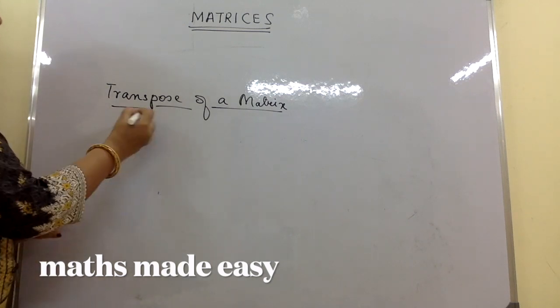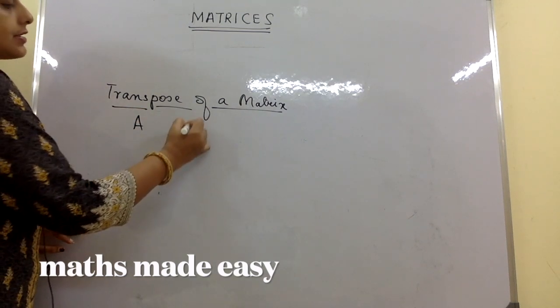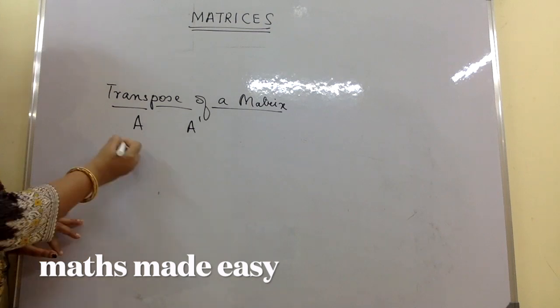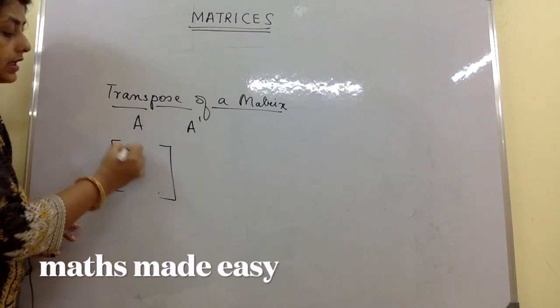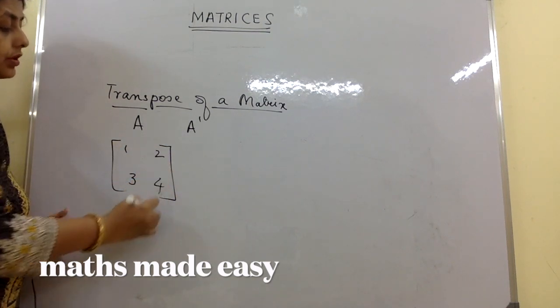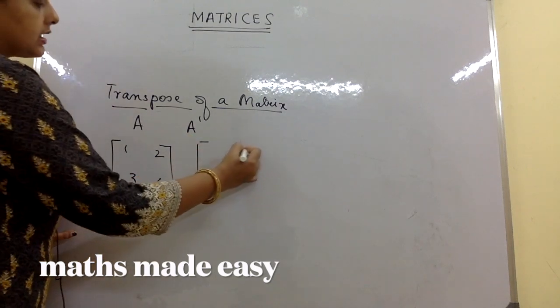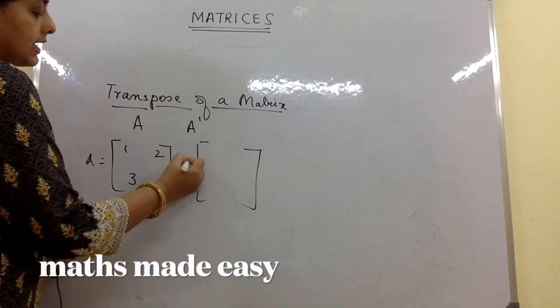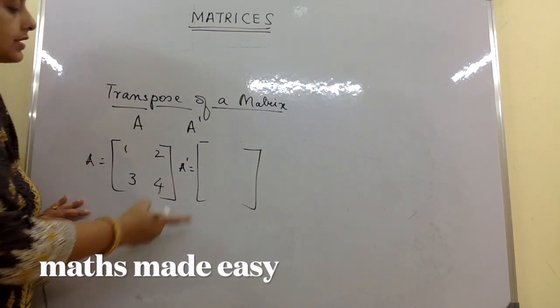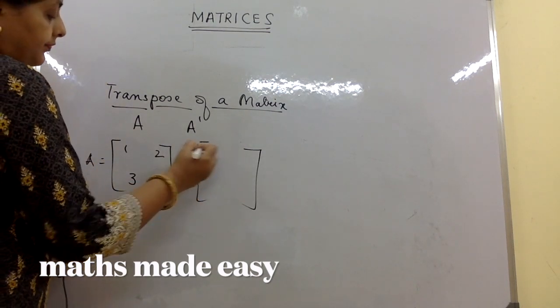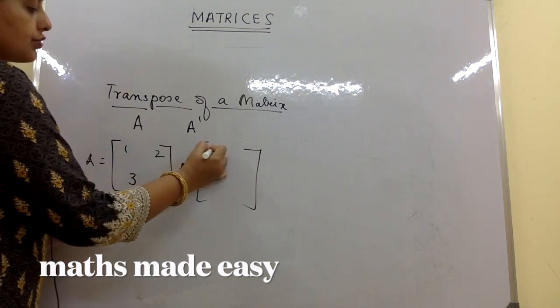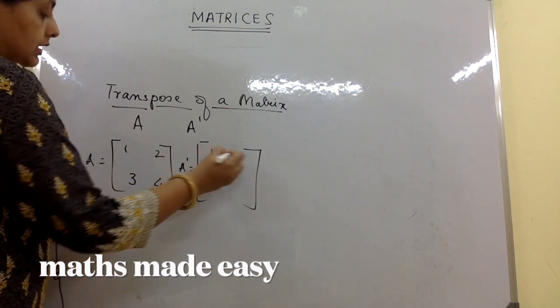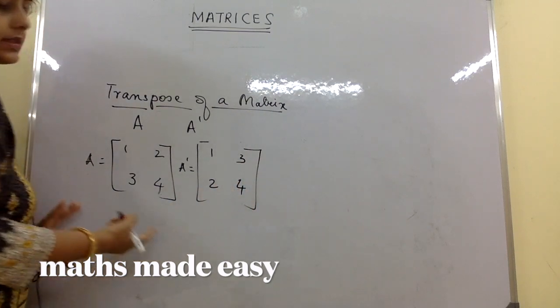And how do we write it? If A is a matrix, then its transpose is A dash, okay. Let's say we write 1 2, 3 4, this is matrix A, then matrix A dash is going to be rows changed to columns: 1 3, 2 4. This is A dash.